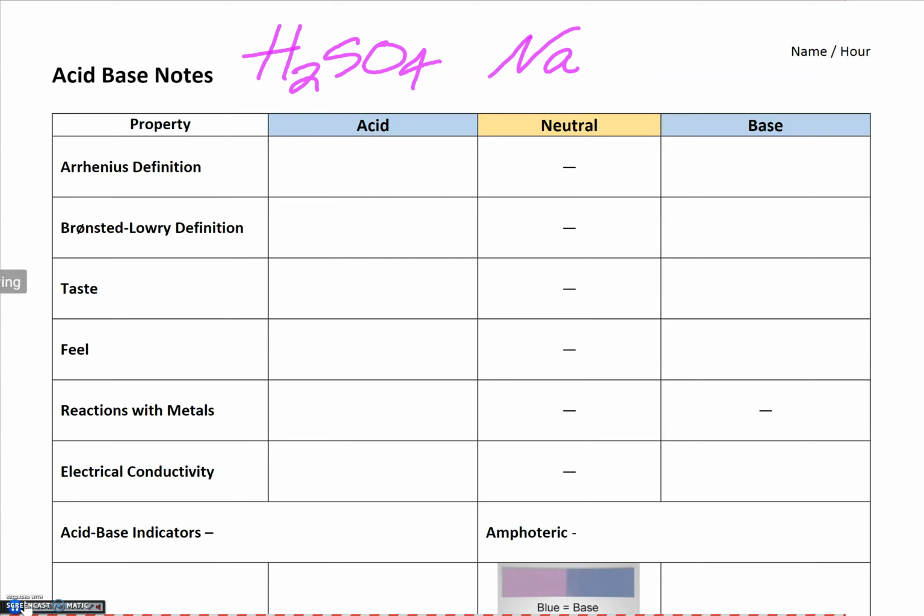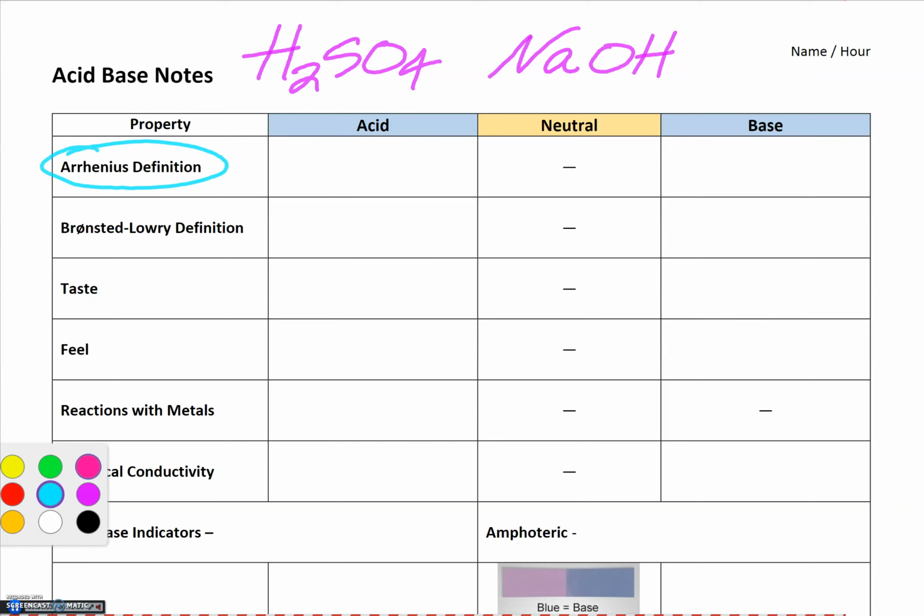Okay, so the main thing is that with an acid and a base, there's a couple of ways to look at the definition. This first one I think is going to be a little more common in terms of what we're going to talk about in class, the Arrhenius definition. What the Arrhenius definition says is that it's really based on a part.